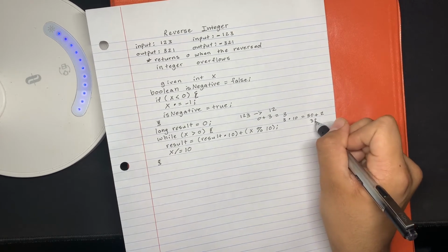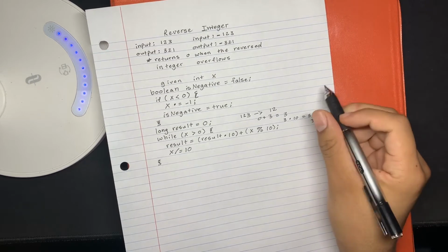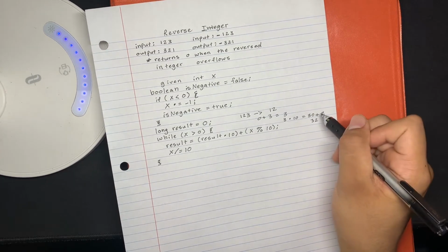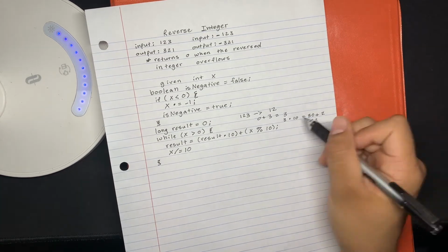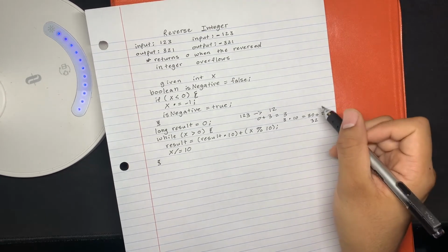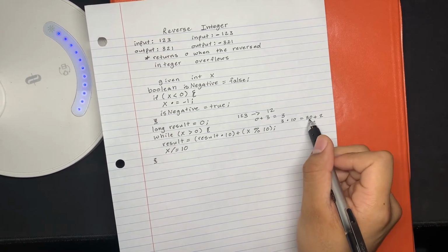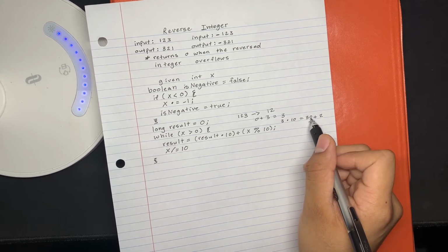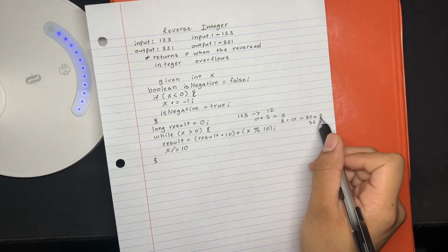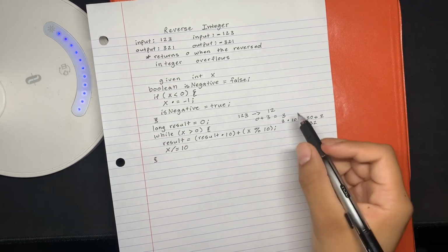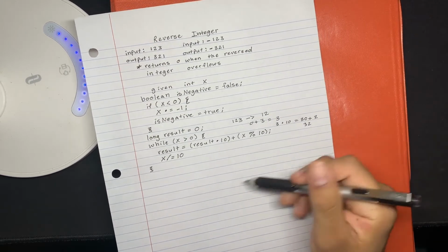It would be 32. If we hadn't multiplied it by 10, then it would just be 3, and then if we add 2, it would be 5, which is not reversing the integer. So we're multiplying it by 10, which gives it a 0 right here, which is what we want. So when we add 2, it would be 32. Okay. And then it would go on the same routine throughout.